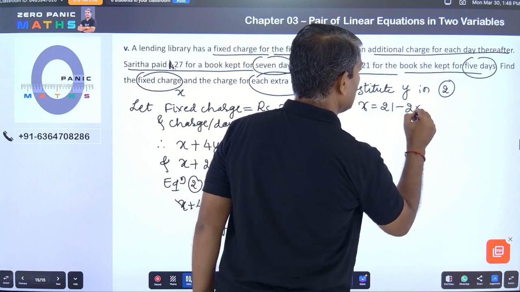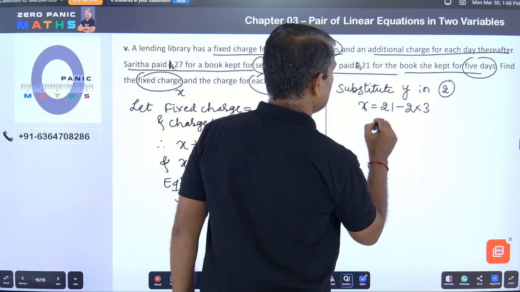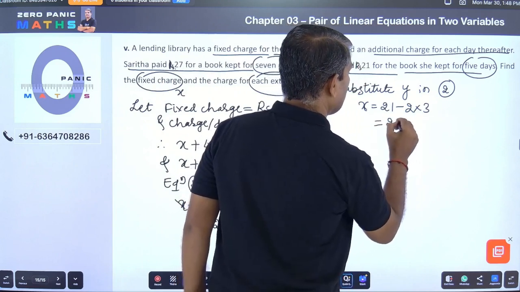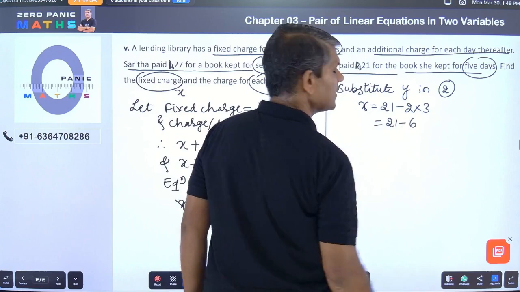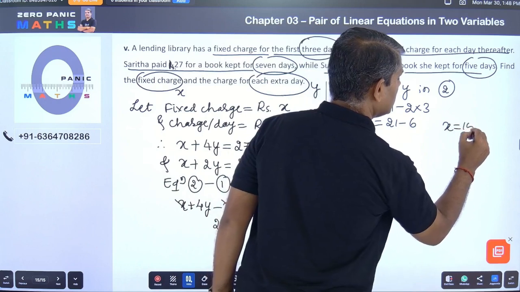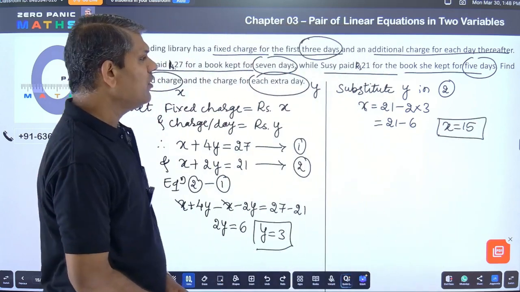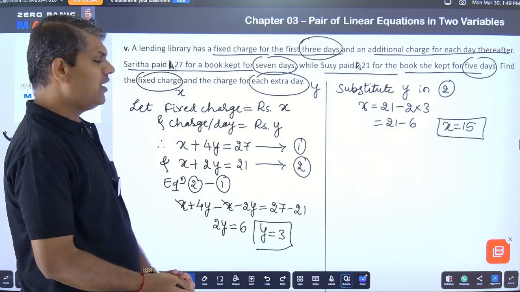What is y? y is 3. 21 minus 6. So x is equal to 15, which is the fixed charge. 15 is the fixed charge.